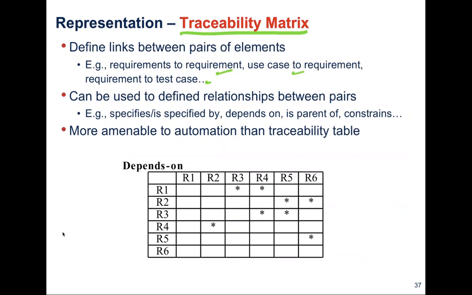A traceability matrix can be used to define relationships between pairs. What kind of relationships could we see in the traceability matrix?